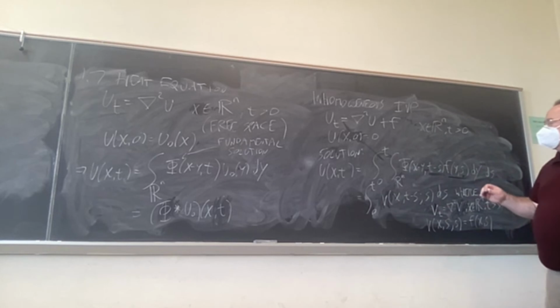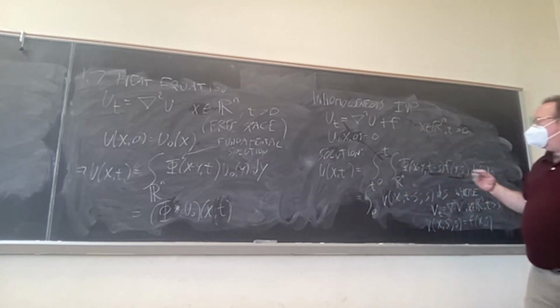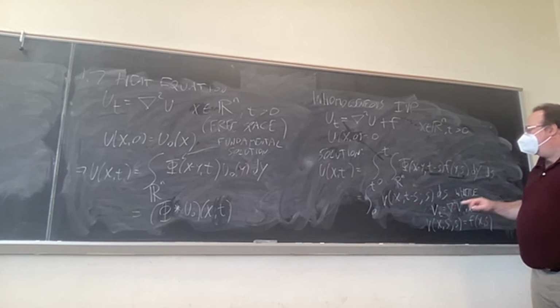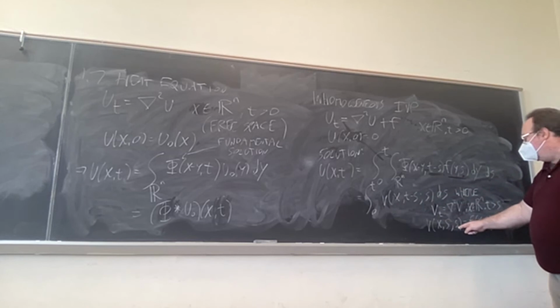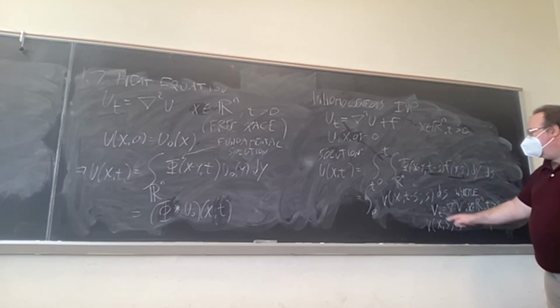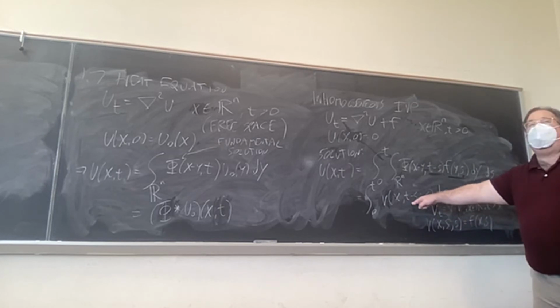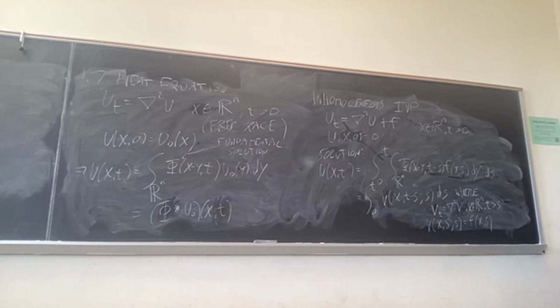So the solution u of x,t is a superposition of solutions of these homogeneous initial value problems. So we're taking the solution of initial data starting at time s, and we're evolving it this far in time.